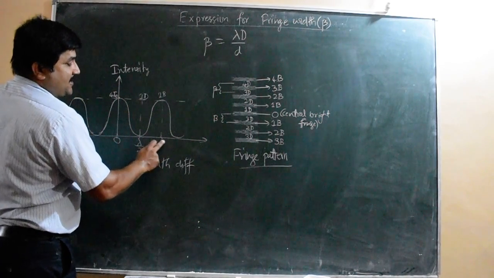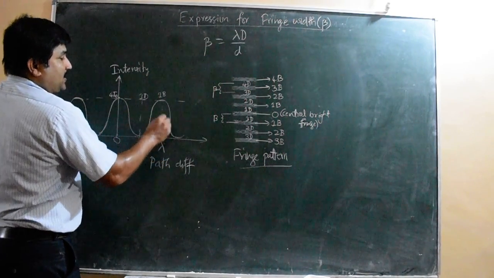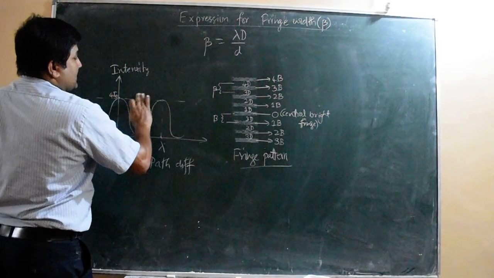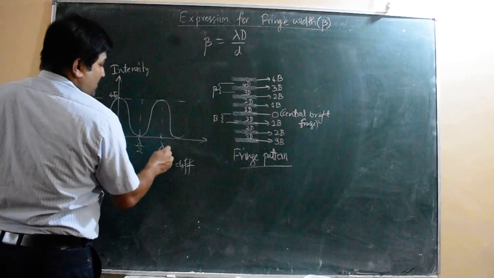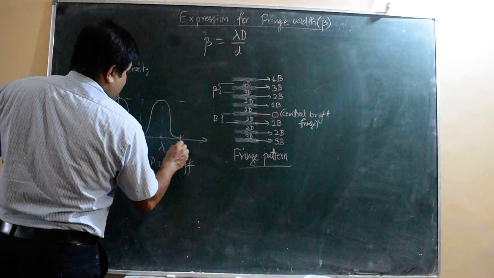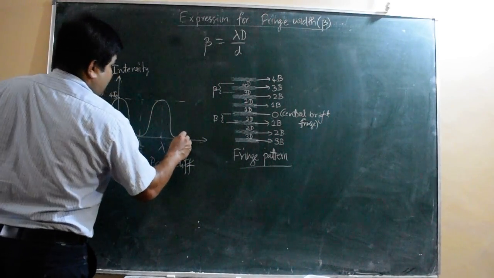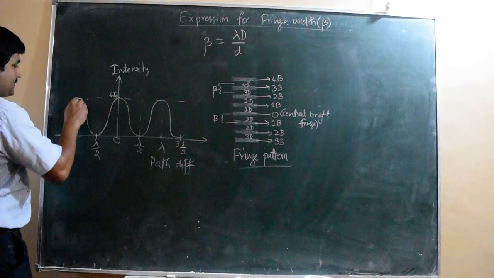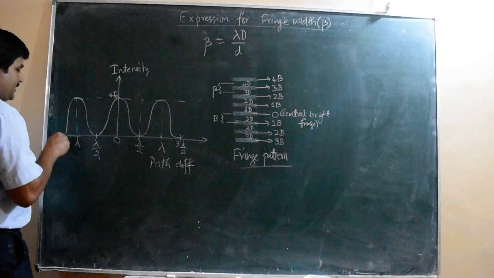If the path difference is lambda, then the intensity will be 4I0, the maximum intensity. If it is 3 lambda by 2, then the dark fringe intensity is almost 0.